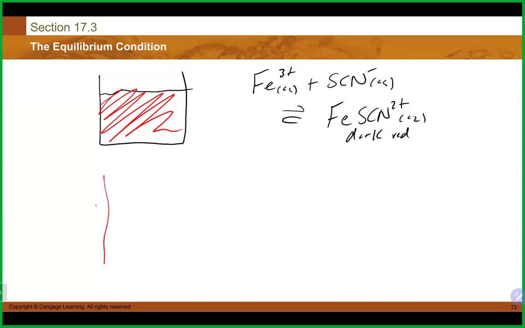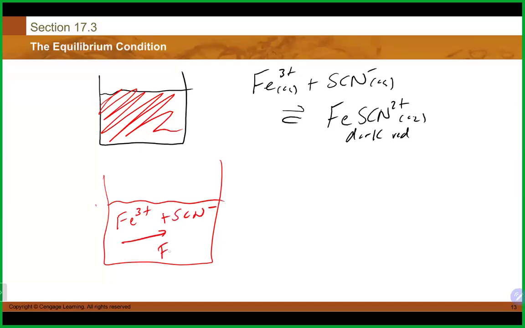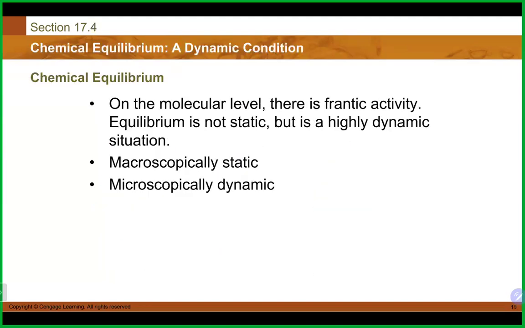But if you were able to super zoom in on your beaker, there is a lot of frantic activity of these ions combining to make the complex ion, and a lot of them coming back apart. So there is constant forward and reverse direction happening in this reaction, even though on the big level, in your flask or beaker, it appears that nothing much is happening. That's what is meant by equilibrium: static macroscopically, but microscopically there's a lot of activity.